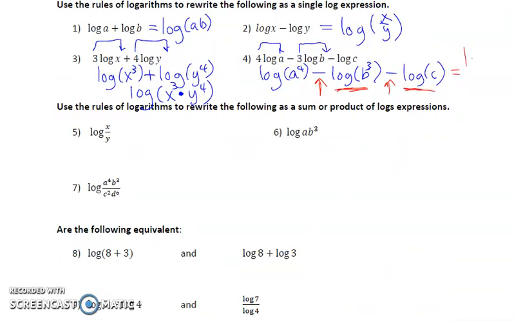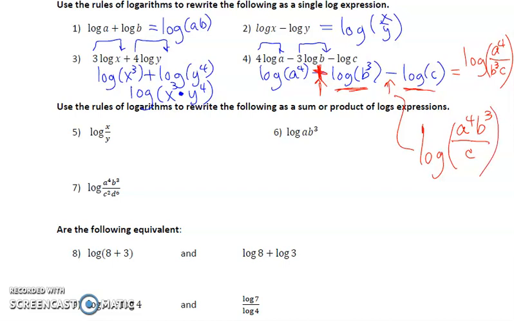So the final answer here is log of a to the fourth over b cubed c. So a to the fourth stays in the numerator, the b cubed and c goes in the denominator because of the subtraction. If this would have been an addition problem, for example, the plus, then the a and the b part would have stayed in the numerator, and because c is under the subtraction, then only the c would have gone to the denominator.